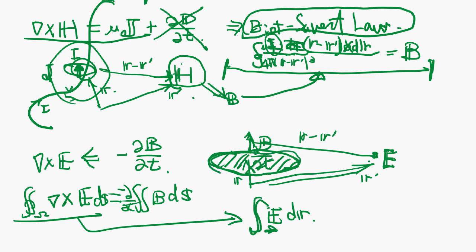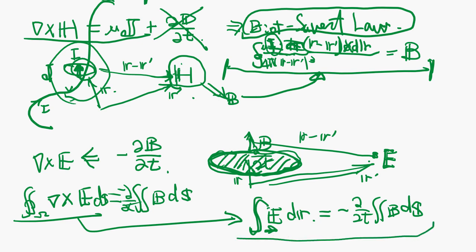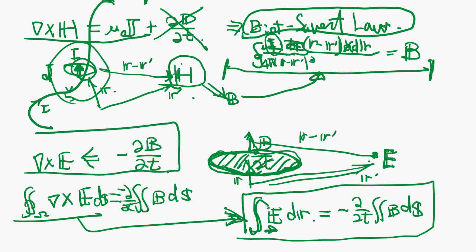So this line integral will be the change of magnetic flux in this boundary, and this boundary again can be anywhere, any size. This equation is valid, and that's the way we can claim either differential form or integral form.